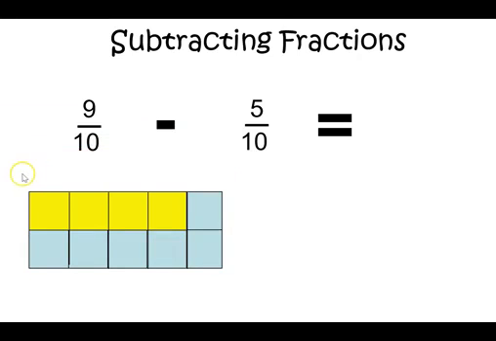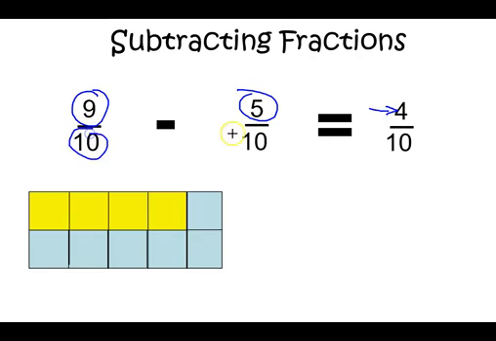And so my remaining fraction is the difference, 2, 3, 4/10. Or 9 minus 5 equals 4. And of course, our denominators stay the same. We subtract the numerators, the denominators stay the, you guessed it, same.